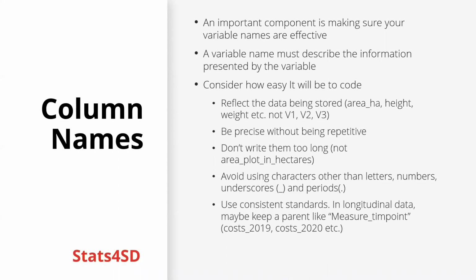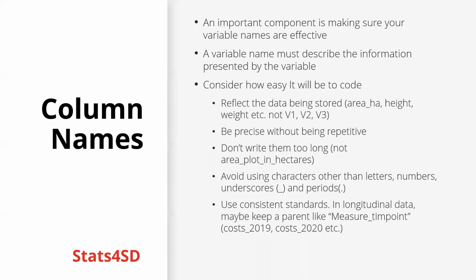Avoid using characters other than letters, numbers, underscores, and periods. This is especially true if you are working in R, because R is a bit funny about certain variable names. It generally won't allow column names with things like colons and dollar signs, or even special characters such as accents or umlauts.